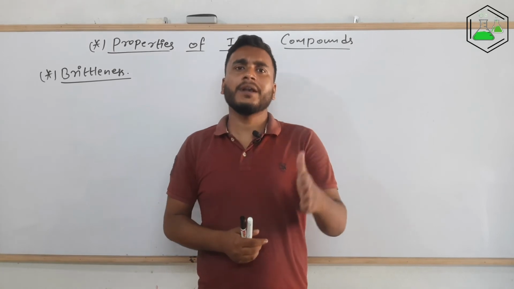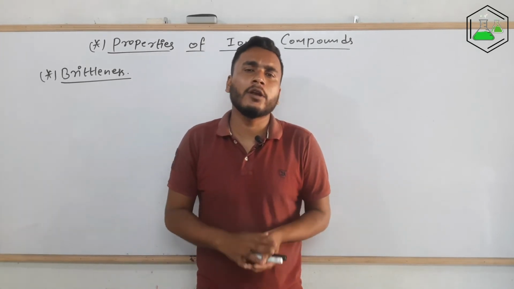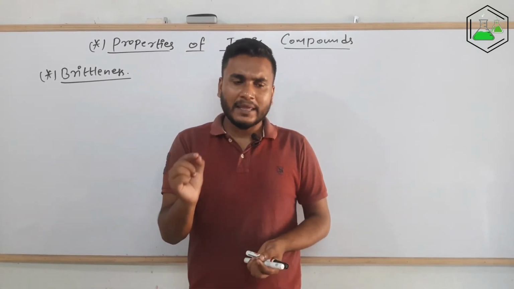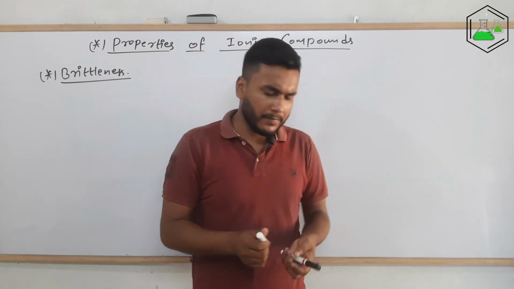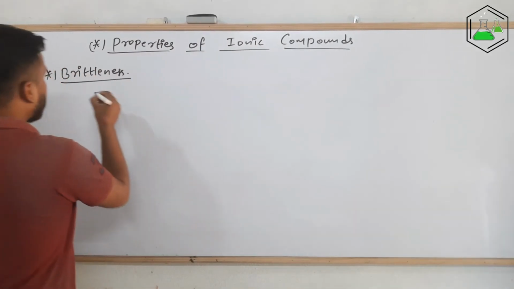Brittleness is the property of an ionic compound to be broken down into smaller pieces by applying small amount of force. Okay, let me write it over here.